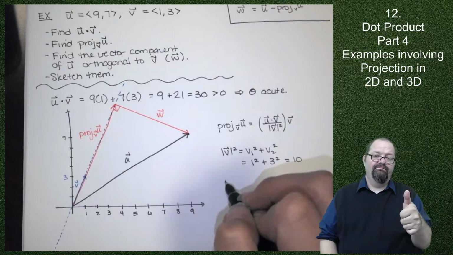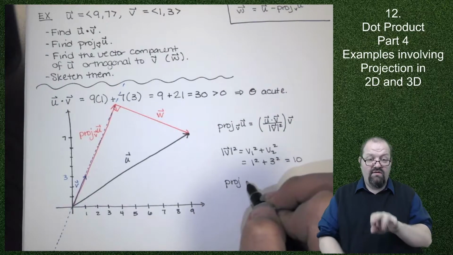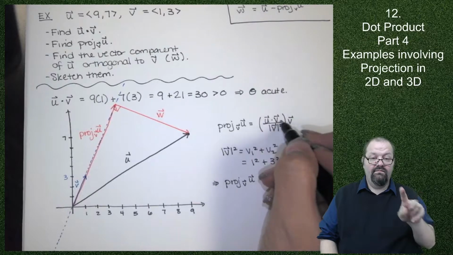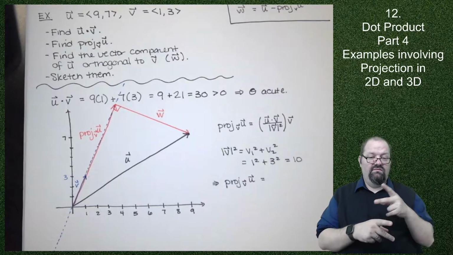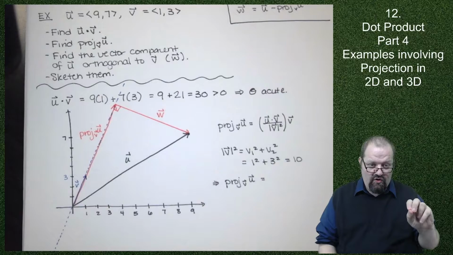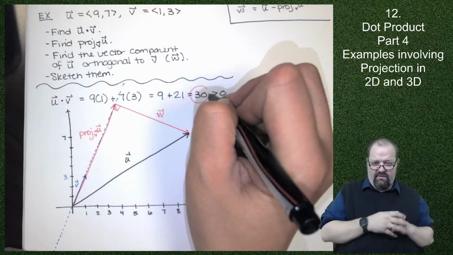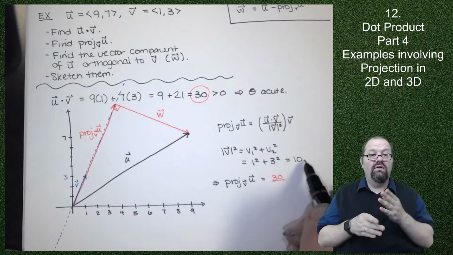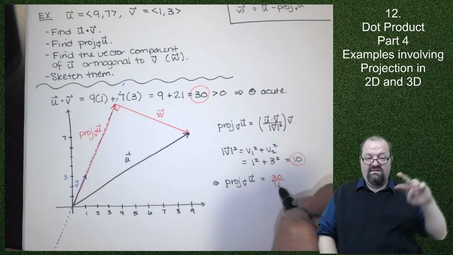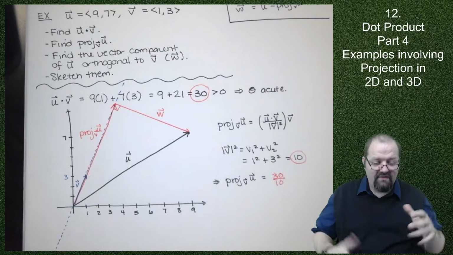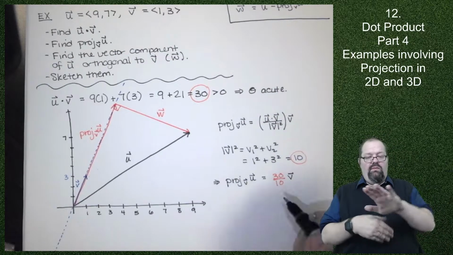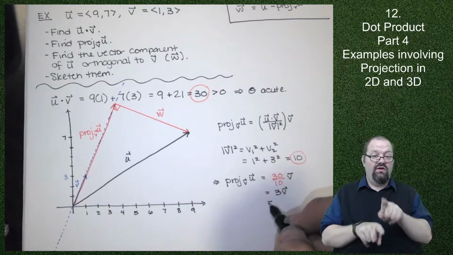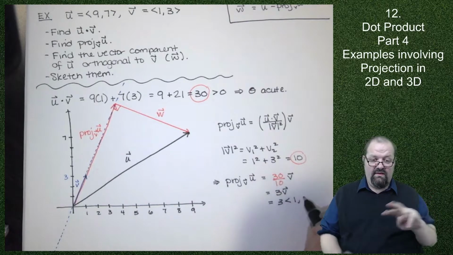So it looks like the projection of u onto v is this dot product, which was 30. Calculated that earlier. Here it is. And then we're dividing by the length of v squared, which is 10. And then you just multiply the whole thing by v. So it looks like the projection of u onto v is just 3 times v. So it's 3 times the vector 1, 3.